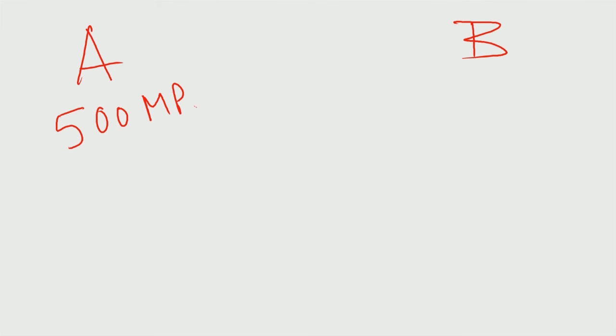So, suppose you have two different types of materials, A and B. Suppose A has very good strength properties, let us say 500 megapascal, and B has relatively lower strength, like 300 megapascal. This strength we typically define in material science as sigma.